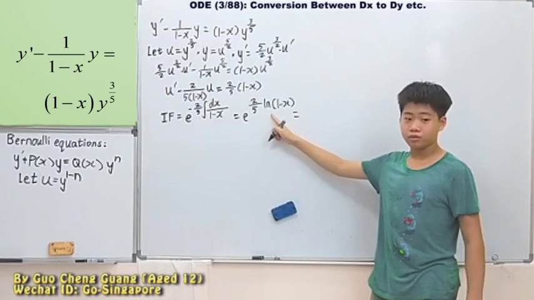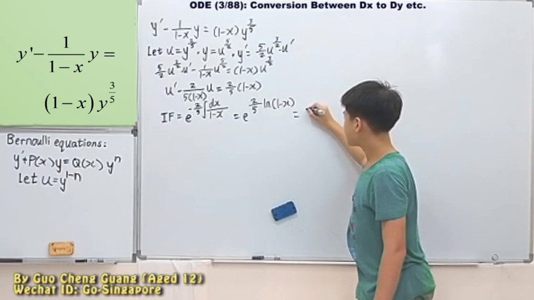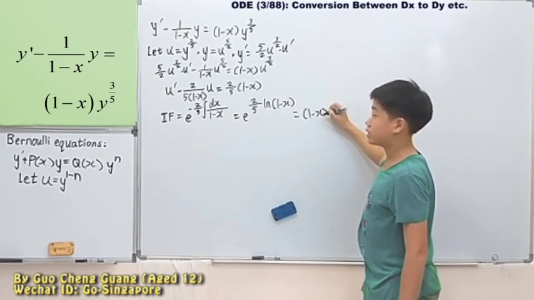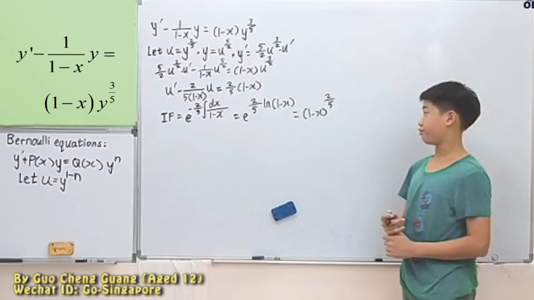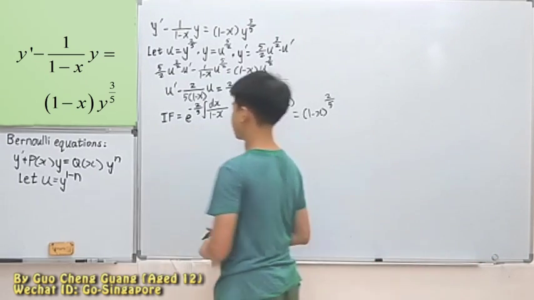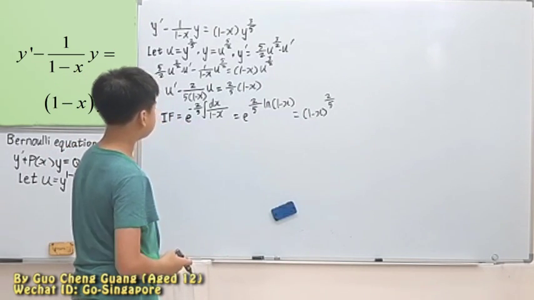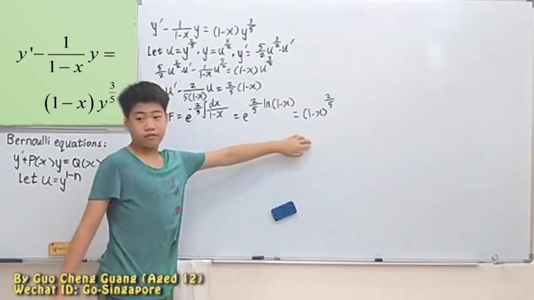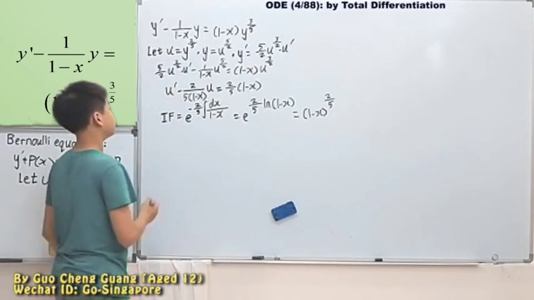This is a ln, this is the e. How about putting this down? Which gives you 1 minus x, then to the power of 2 over 5. So you get this thing. Now, IF, what did we use? That was times on both sides.